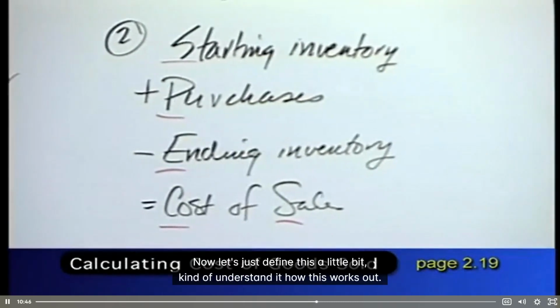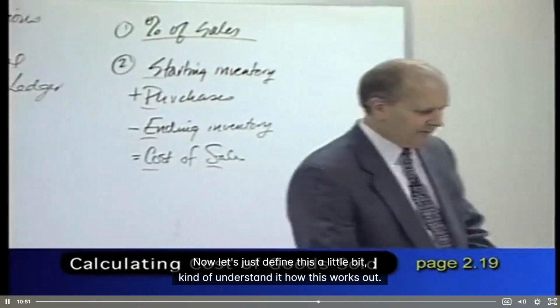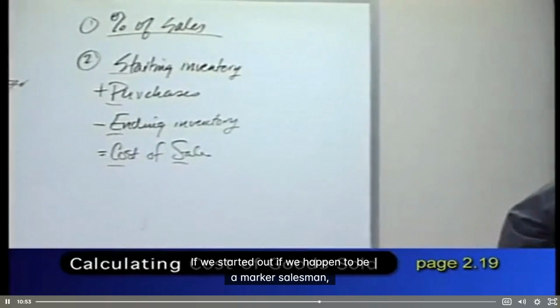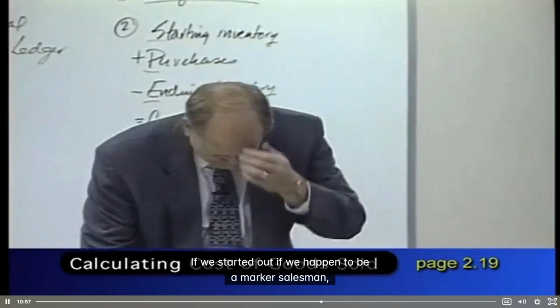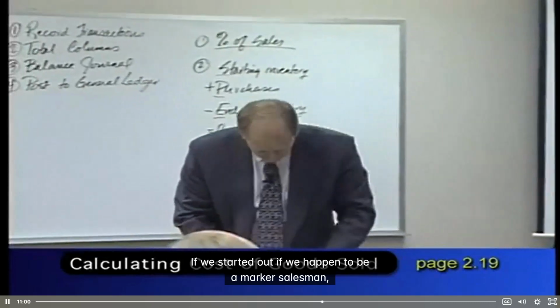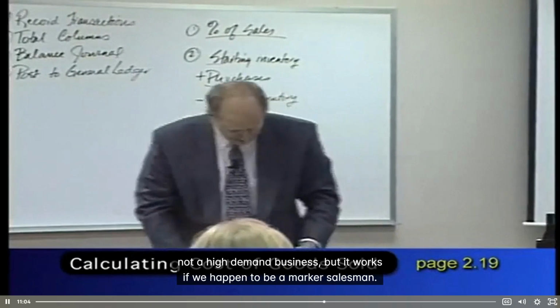Now, let's just define this a little bit, kind of understand how this works out. If we happen to be a marker salesman, okay? Not a high demand business, but it works, okay?